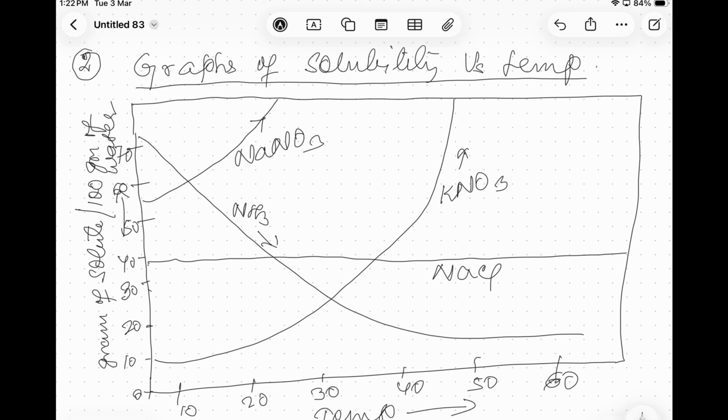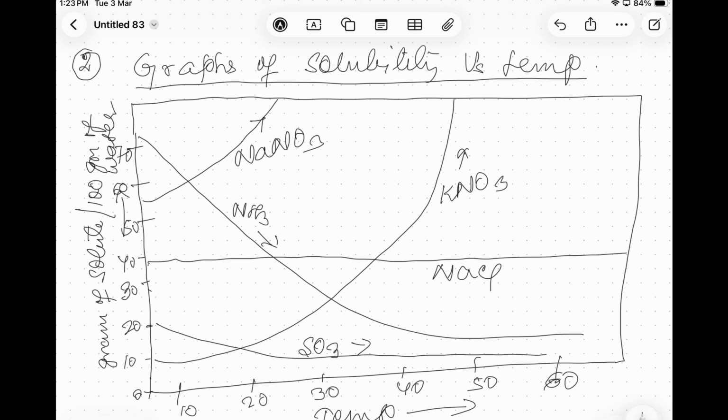NaCl. If we take one more gas, that is sulfur trioxide, the graph will be like this, and so on.